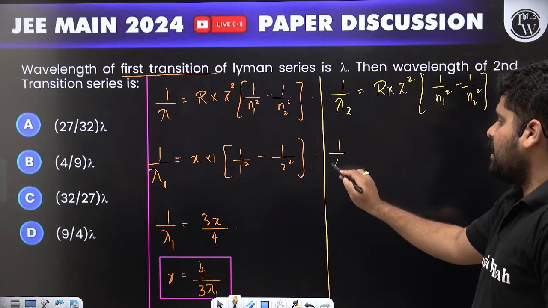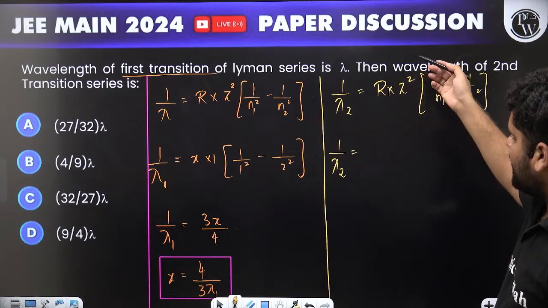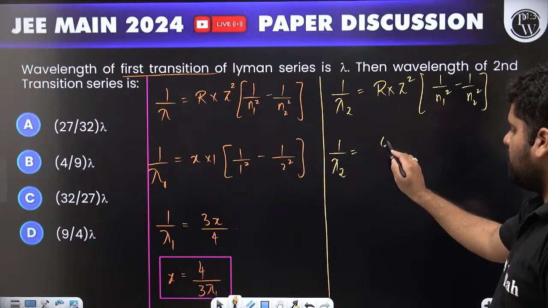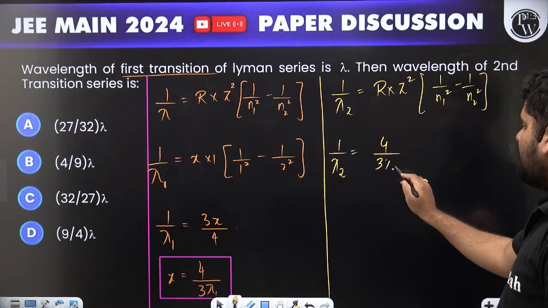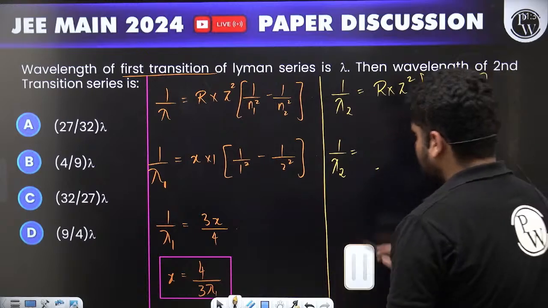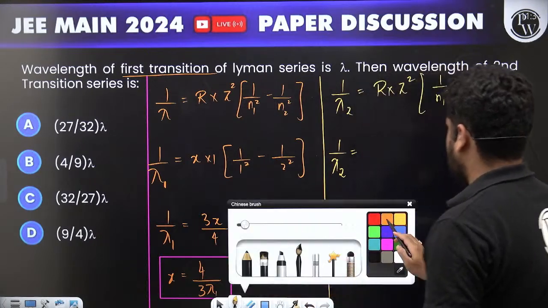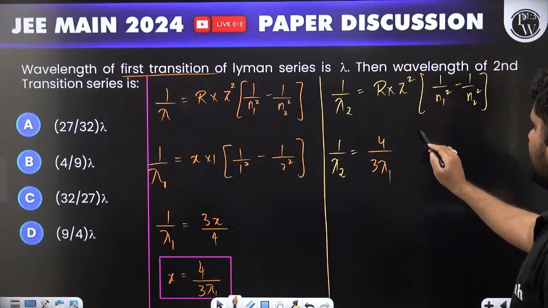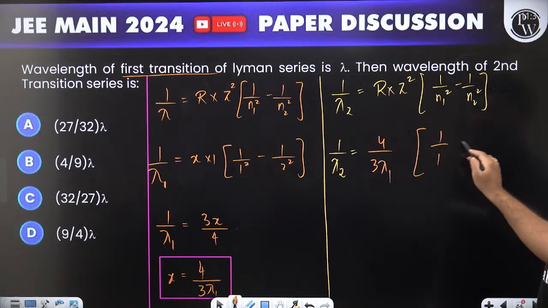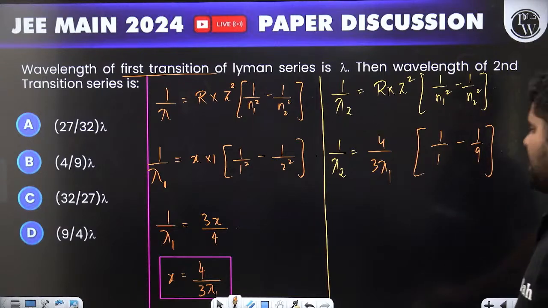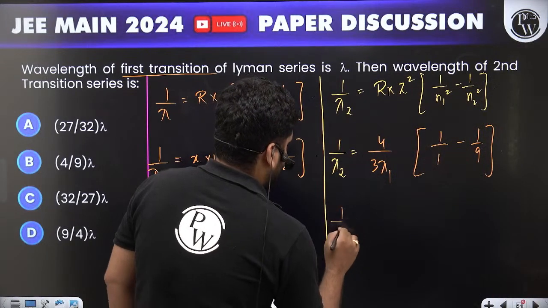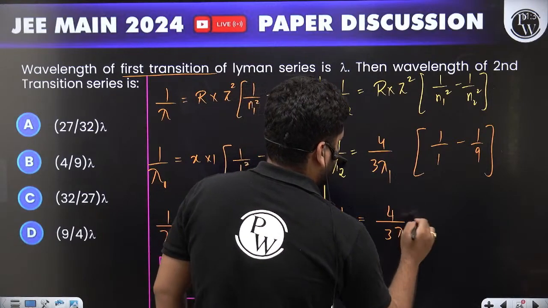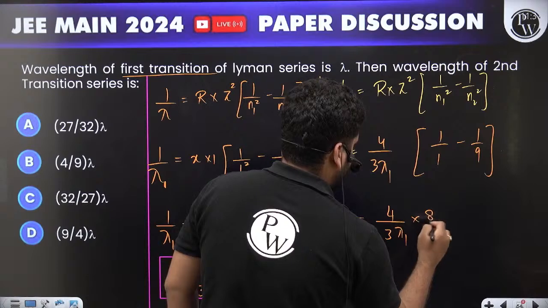So 1 by lambda 2 is equal to, in place of R or x, whatever you have taken, you are going to write 4 divided by 3 lambda 1. Z is anyways 1. So this is going to be 1 by 1 minus 1 by 9. It is 8 by 9. So 1 by lambda 2 is equal to 4 by 3 lambda 1 into 8 divided by 9.